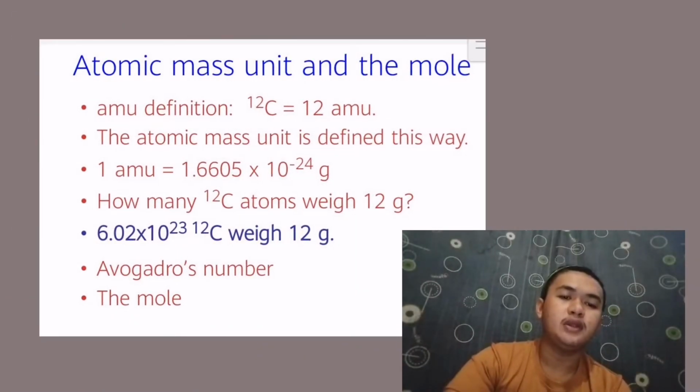Atomic mass unit and the mole. Atomic mass unit definition: carbon-12 equals 12 atomic mass units. 1 atomic mass unit equals 1.6605 times 10 to the minus 24 grams.